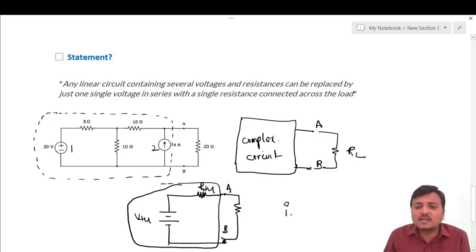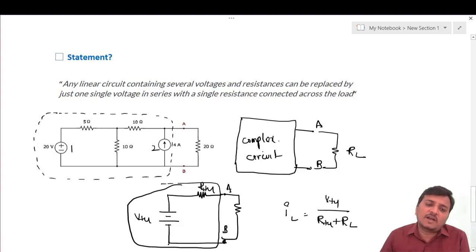From that I can write IL equal to VTH divided by RTH plus RL. So this is the simple understanding of the statement of Thevenin's theorem.